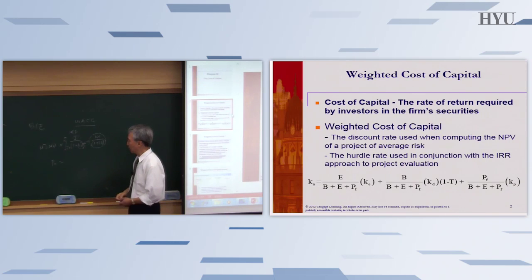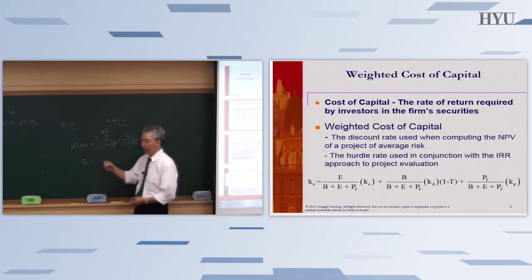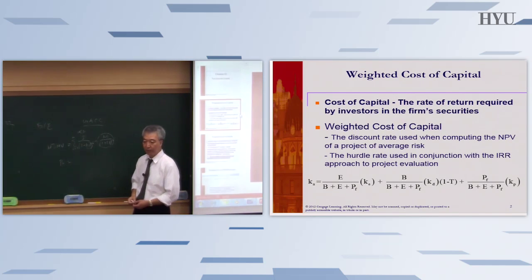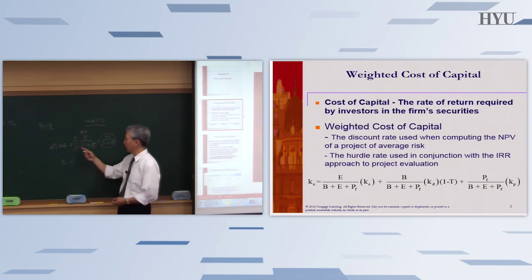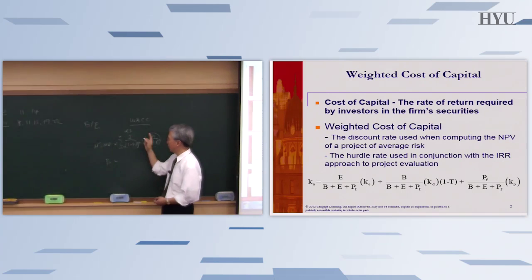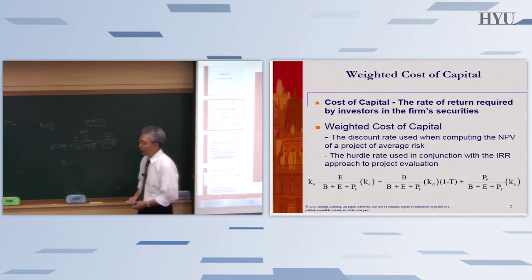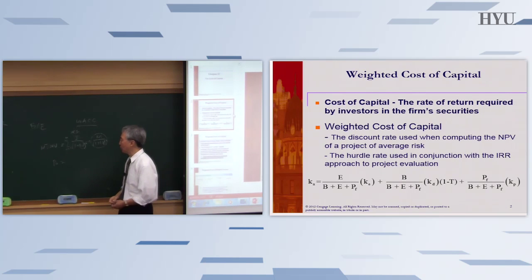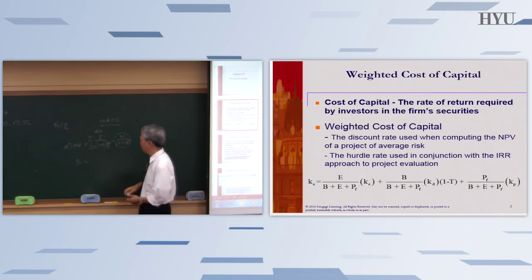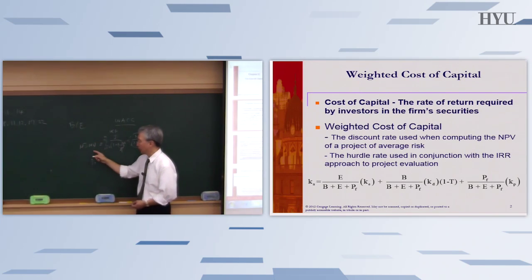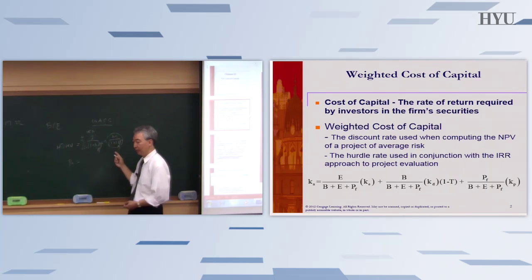Well, so if you use a discount rate, then you can calculate the net present value by subtracting the right-hand side from the left-hand side. But the IRR approach is trying to determine this discount rate, which makes the left-hand side equal to the right-hand side.